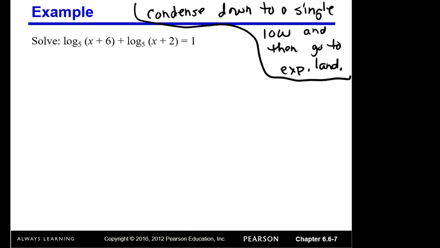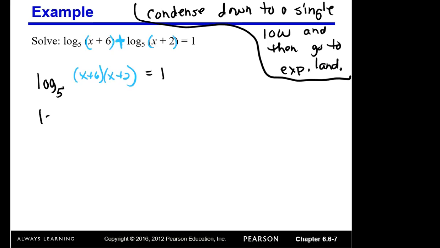They are being added. So that rule said you multiply these 2 things when you bring it together as a single logarithm. So this is going to be log base 5 of an x plus 6 times an x plus 2, still equal to the 1.